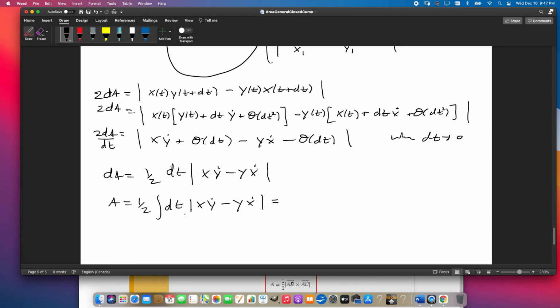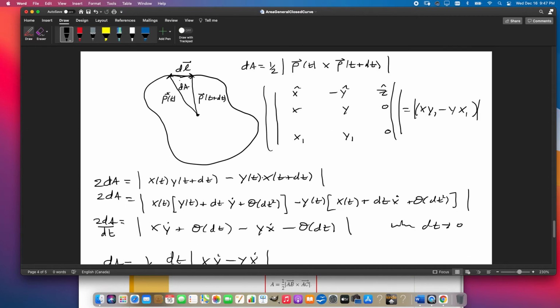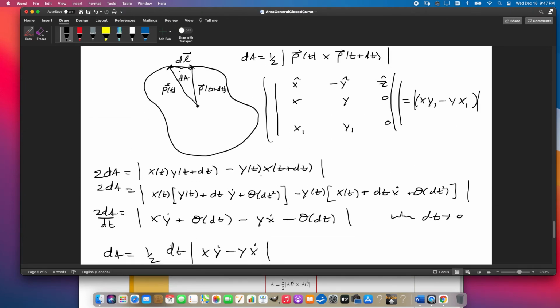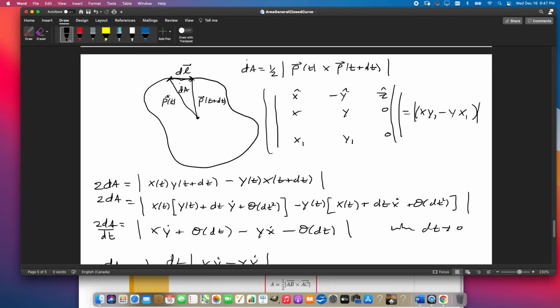So the area is going to be plus or minus this value, I guess. Okay. So that's the area if you have a maximum visible perimeter.